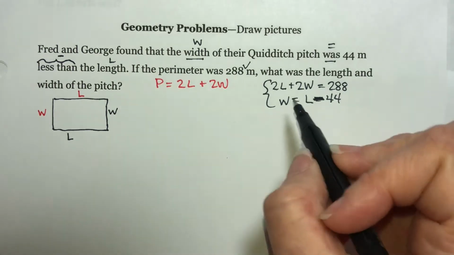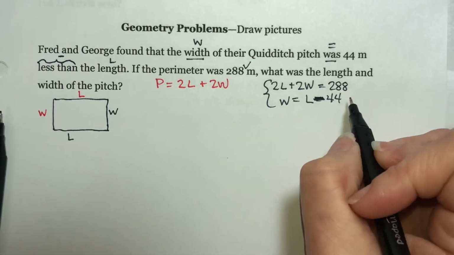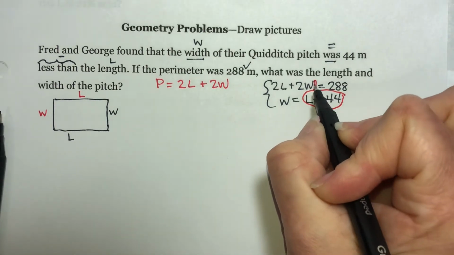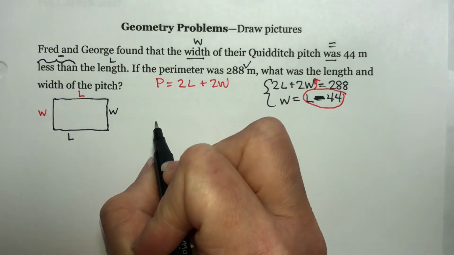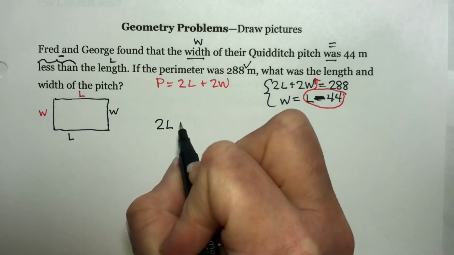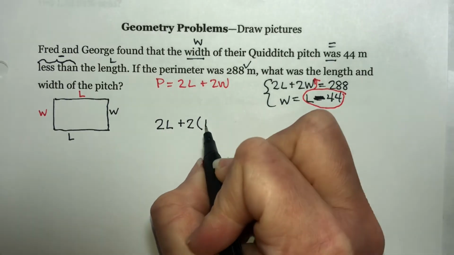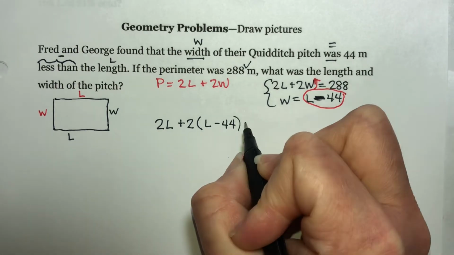This one is already solved for W, so I think substitution is probably easier. I'm going to take all of this and plug it in to W right here. So I would need to solve 2L plus 2 times, instead of W, I write L minus 44. And this has to equal 288.